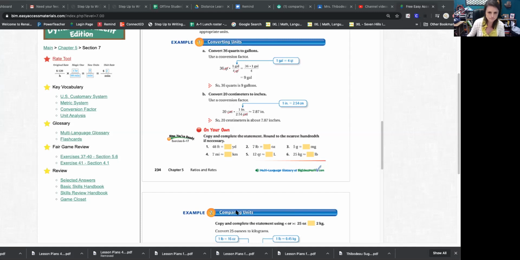You're going to have 20 centimeters over 1 times 1 inch over 2.54 centimeters. Cross out your centimeters.